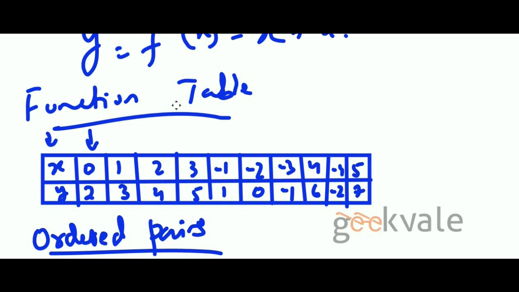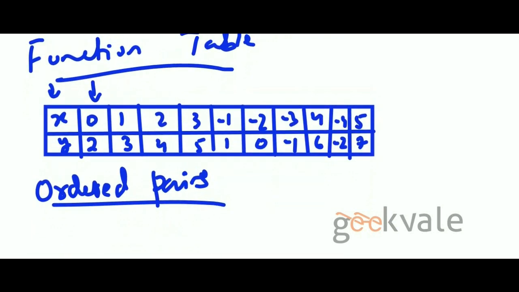So another representation of the function: you can use the function table, or even the function rule here. The function rule was what? x plus 2. You can even use that. If you don't want to pick any of these values, you can say, for 6 it will be 8. That's one ordered pair. I'm going to use this function table now to represent some ordered pairs.